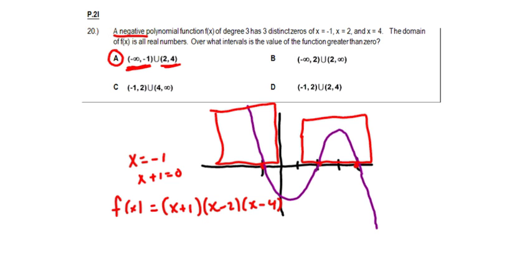And since it's negative, we can just put a negative sign out front. If we graph this very function that I just put in red, you're going to see this kind of shape and see where the function is greater than 0. That would be between -infinity and -1, and between x equals 2 and x equals 4.